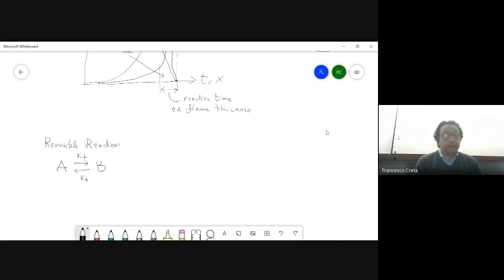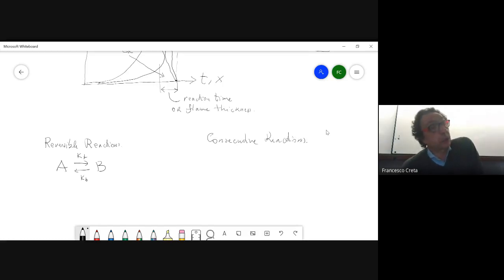Now, another paradigmatic reaction mechanism is what we call consecutive reactions, which is closer to an idea of what combustion actually is.